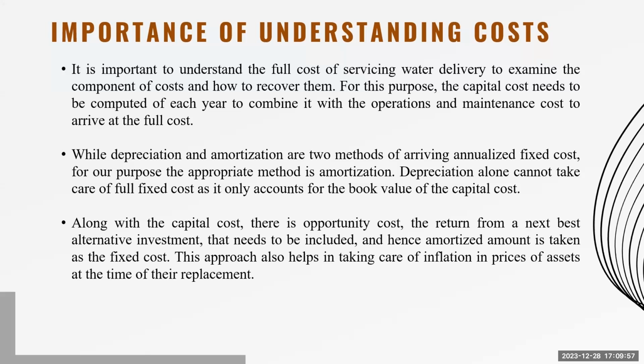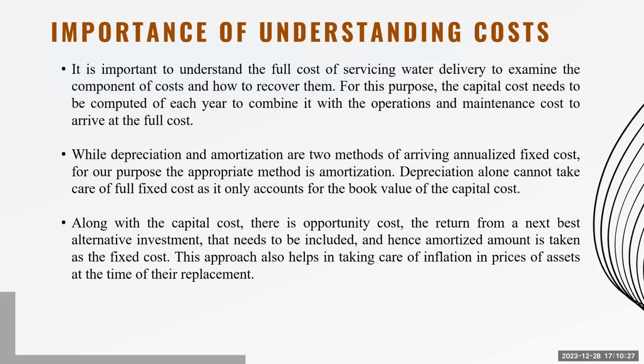So at the end of 25 years, you not only have this 10 lakhs as a principal amount, but also the interest accumulated over the 25 years period. So one needs to look at that aspect of opportunity cost, that's basically the interest earned on this investment, while calculating our fixed cost for the system.